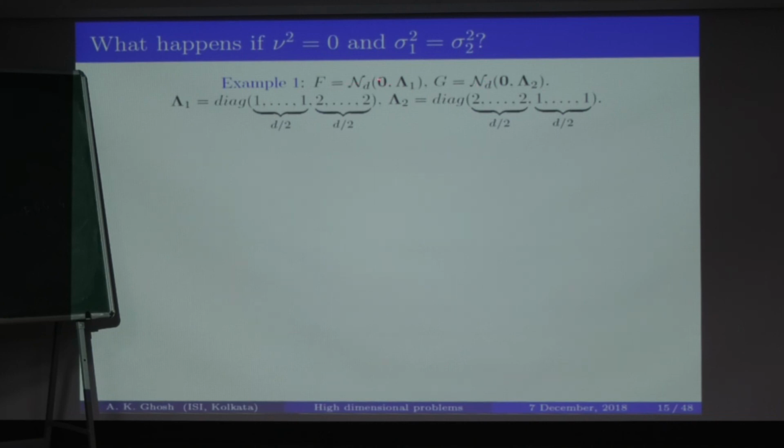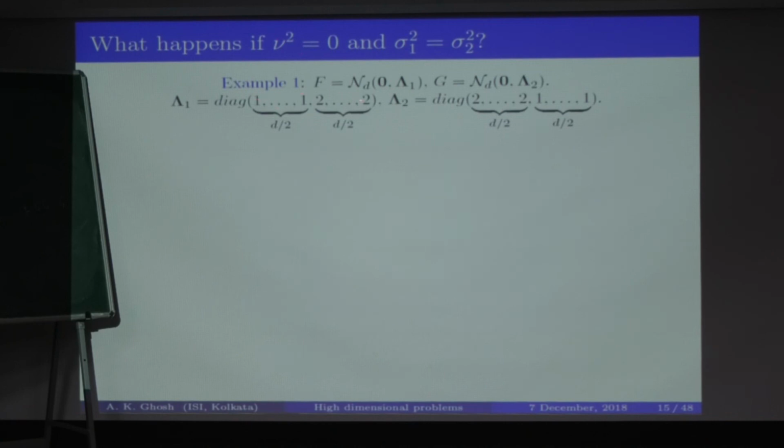They have the same location, that is the origin, and they have different dispersion structure. So see, this is lambda 1, this is lambda 2. Lambda 1 is a diagonal, where the first d by 2 elements are 1 and the next d by 2 elements are 2. Here we have just the opposite scenario. The first d by 2 elements are 2 and the next d by 2 elements are 1. So in these 2 populations, they do not have any difference in location, so mu square is going to be 0.